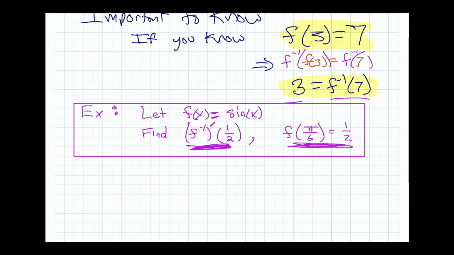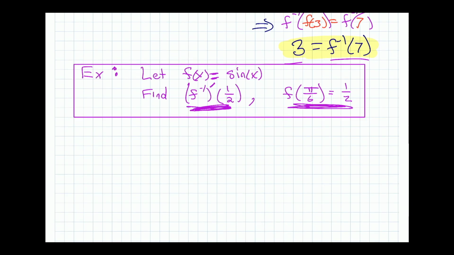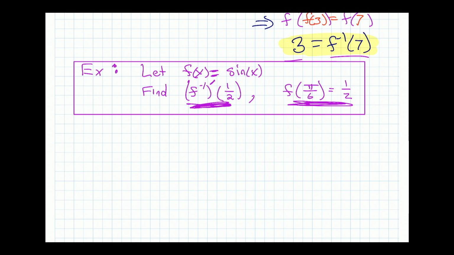Okay, so what does the solution look like? So the solution for this looks like as follows. If you want to use the formula, it looks like this. First of all, we're going to need f prime at some point. Okay, what is f prime? Well, if f of x is sine x, f prime is cosine x, right? Now those derivatives typically are going to be easy in this homework assignment.